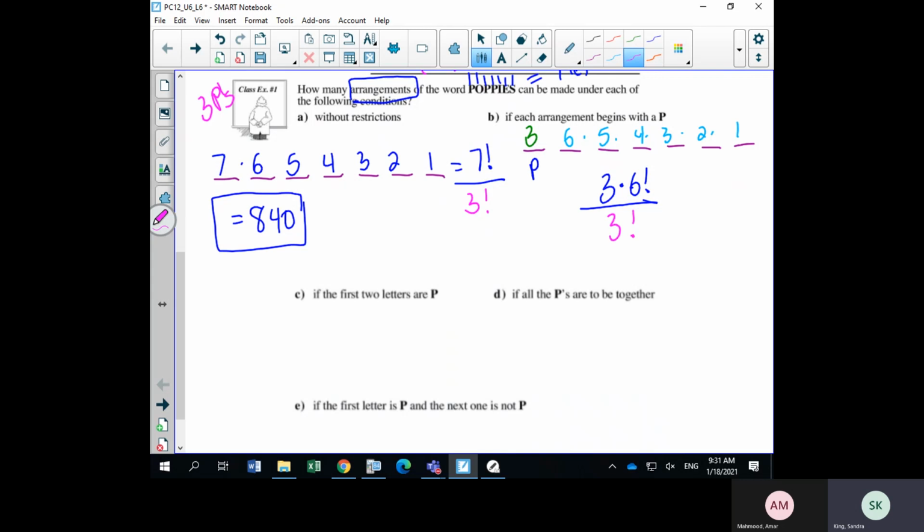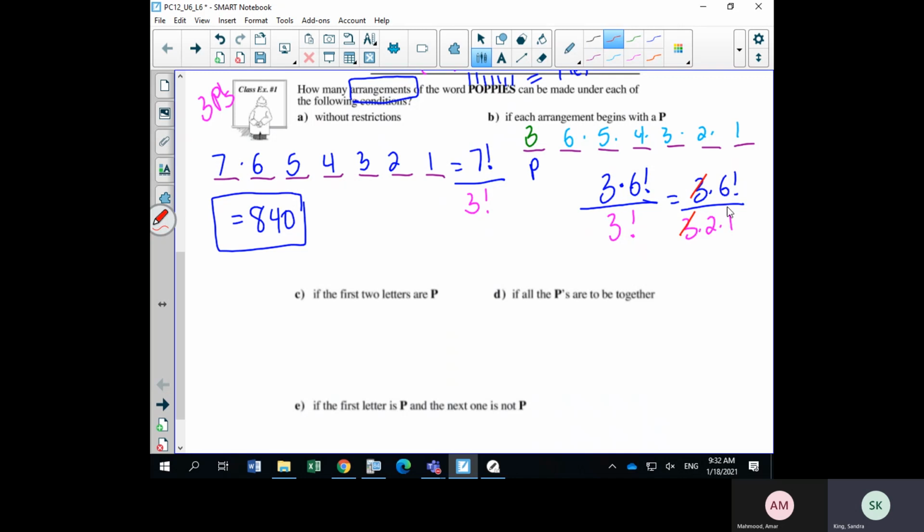Then what I'm going to show you is that the book doesn't do it this way, so I'm going to show you what the answer for the book is. Let's clean up something in here. Let's rewrite 3 factorial, because we know that 3 factorial is 3 times 2 times 1. So I'm going to write this as 3 times 6 factorial all over 3 times 2 times 1, and then I'm just going to cancel these 3's.